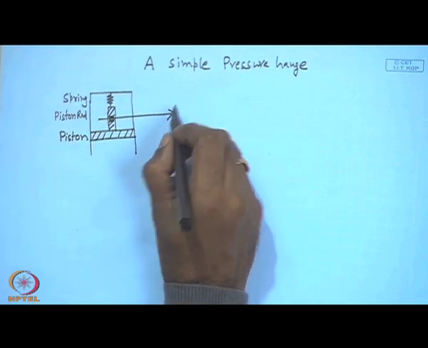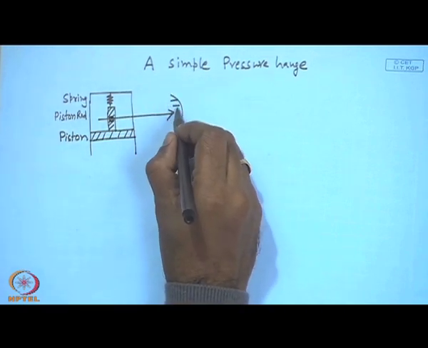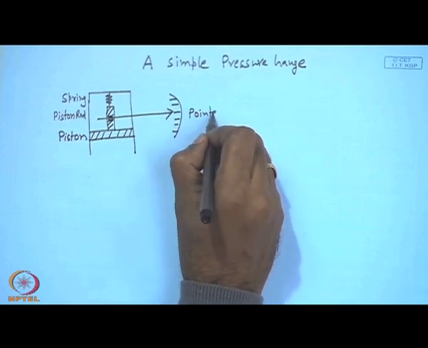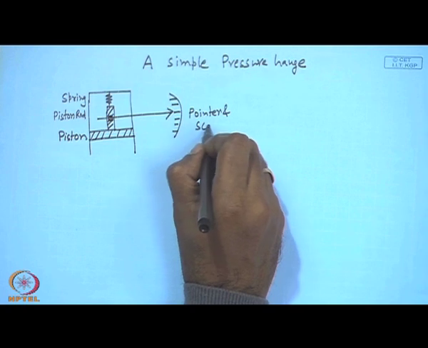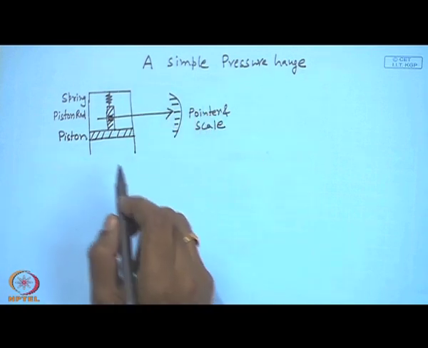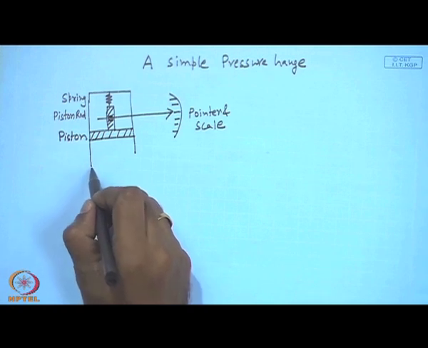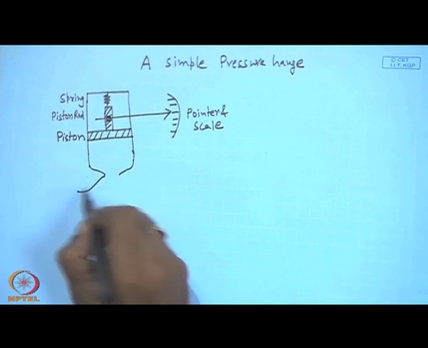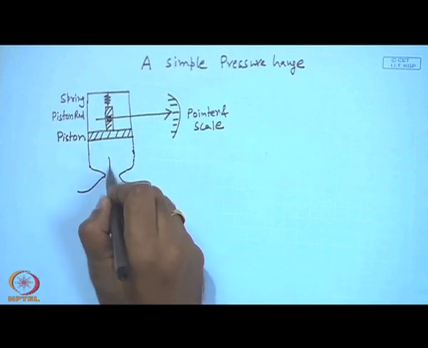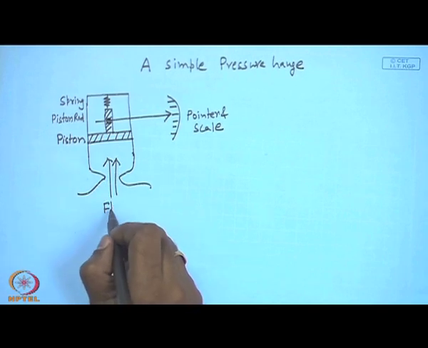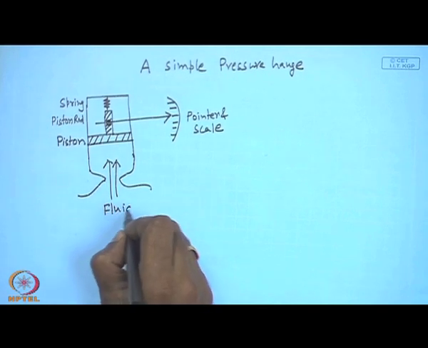And a pointer and scale is attached. And let the fluid pressure act on this piston surface.